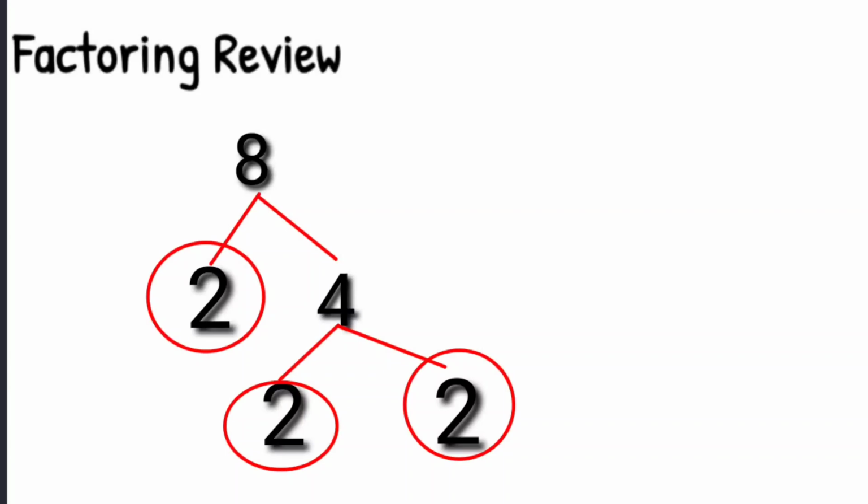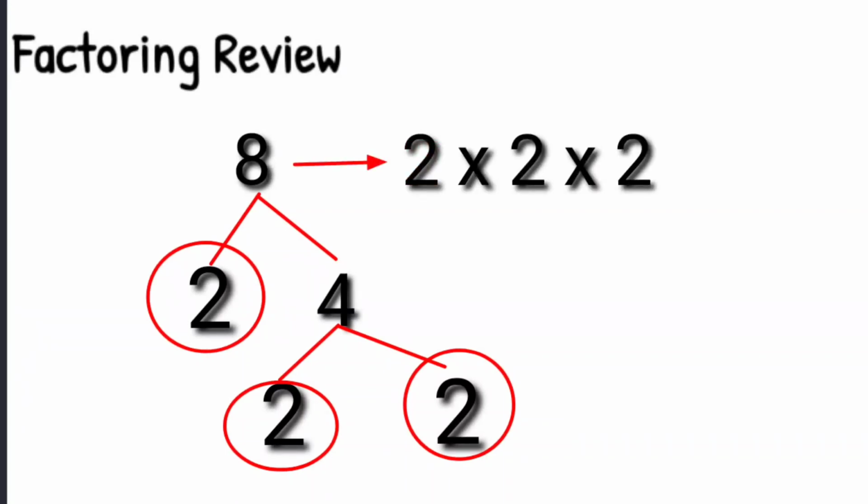So this means that 2 times 2 times 2 is equal to 8.